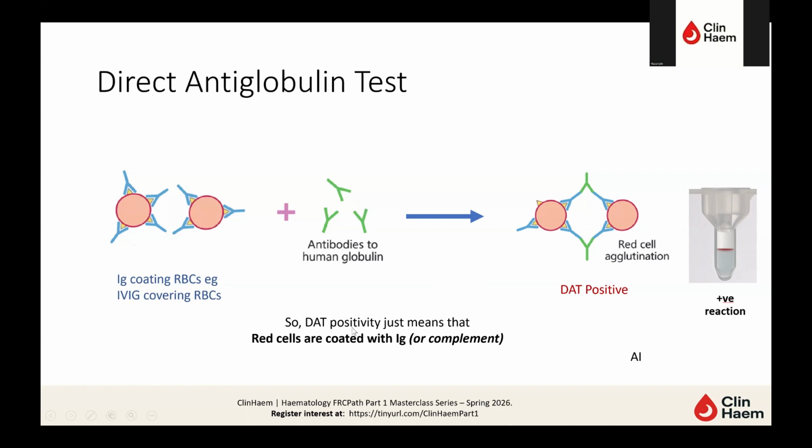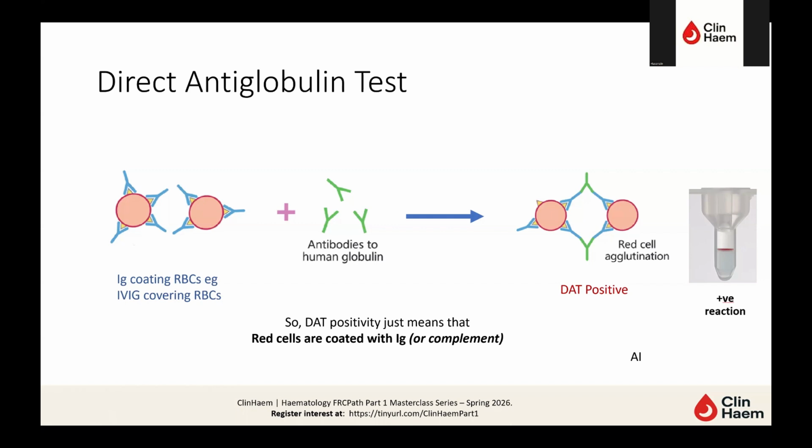That positivity just means the red cells are coated with immunoglobulin or complement, because the Coombs reagent has antibodies against human complement as well. So that's what that means. The direct Coombs test, or direct antiglobulin test, will just tell you that this particular patient's blood cells are coated with antibodies.